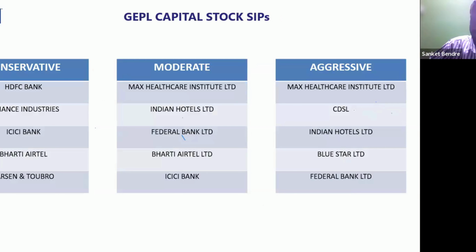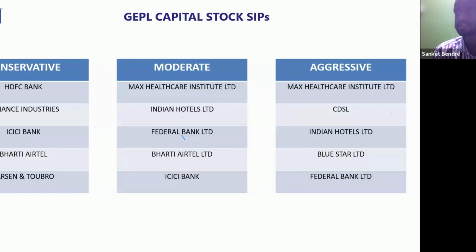These are a few of the stocks which at GEPL Capital we have jotted down for our clients. We have 3 portfolios. The first is conservative, the next is moderate, and the third is aggressive. Each has a different portfolio style. In the conservative style, we completely focus on large cap stocks.